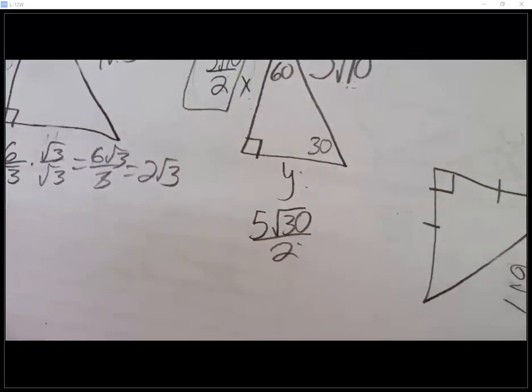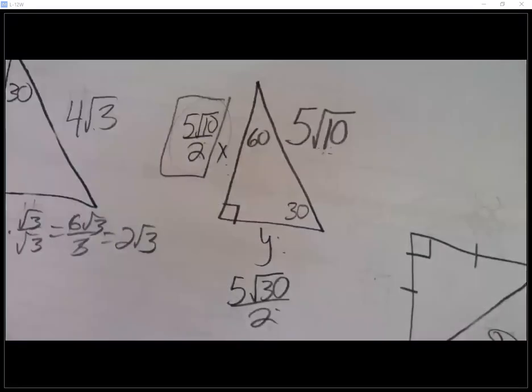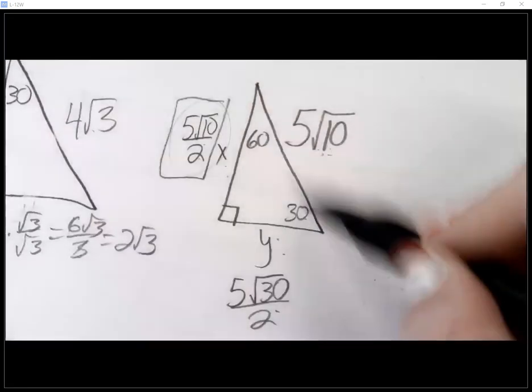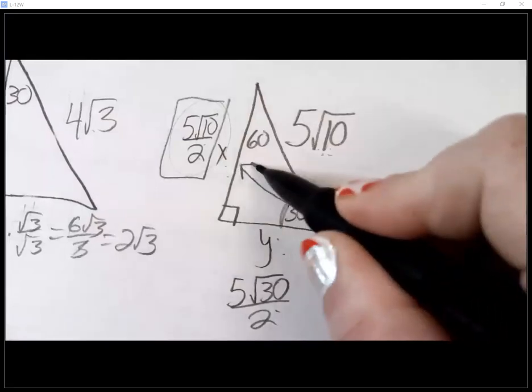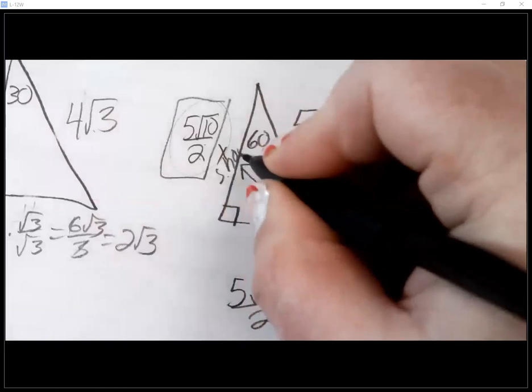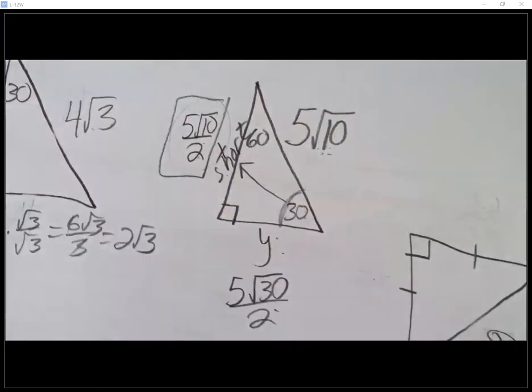The only time you'd have to divide is if you're given that middle side and I'm trying to get back to the short side, then I divide. But here, remember we swapped these, right? Because this is my 30° angle, that's actually my short side. You can't go off of how the diagram looks. You gotta go off the numbers.